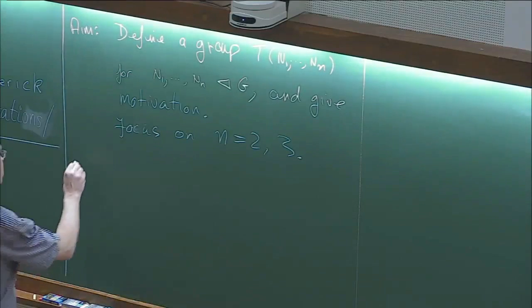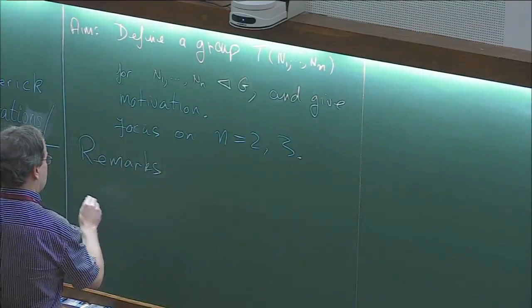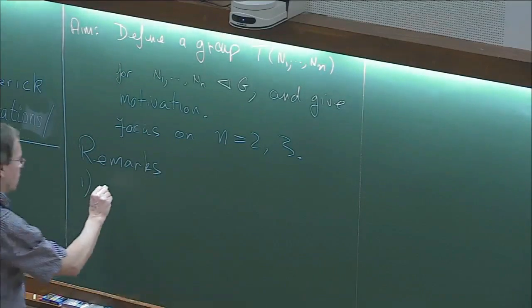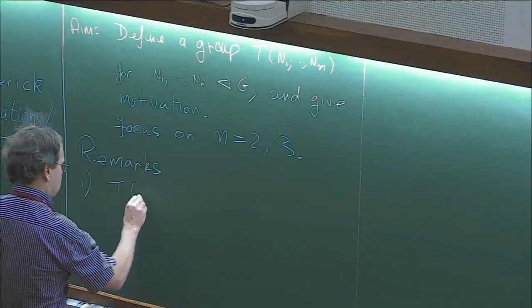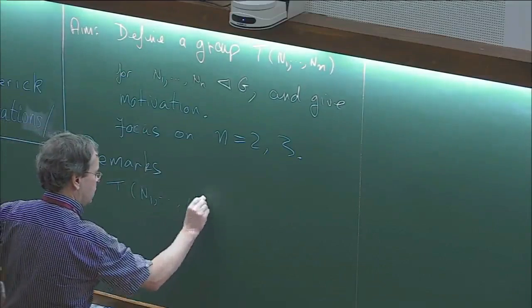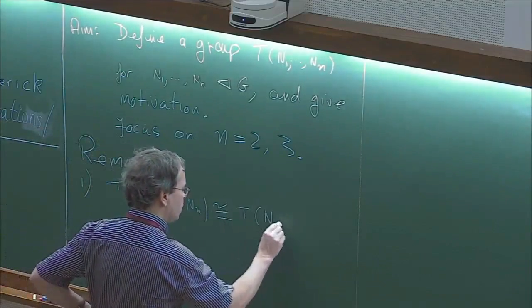Okay, so let me start with some remarks. Firstly, the construction doesn't depend on the order of the subgroups. You should get an isomorphism if you permute them.